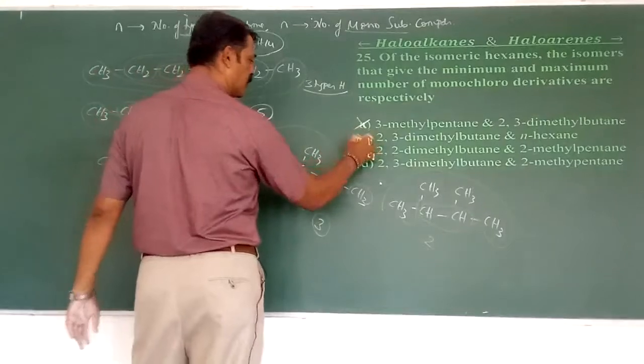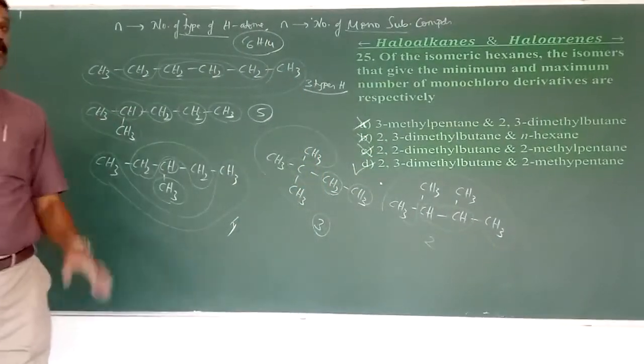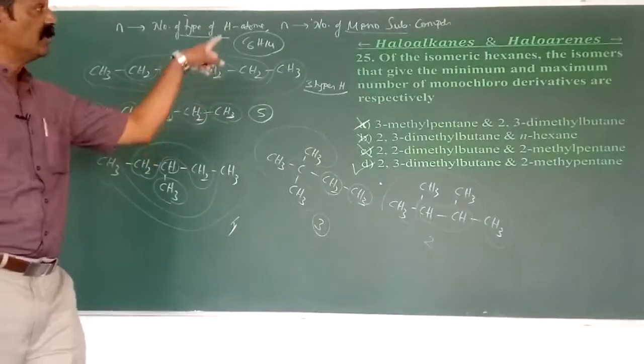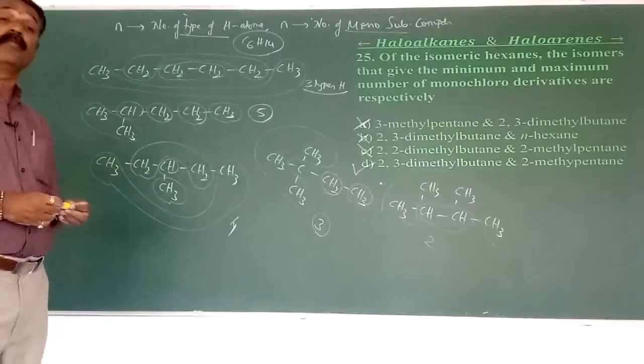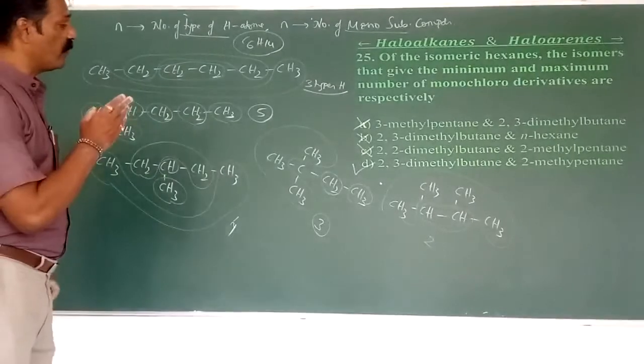Therefore it is not this, hence it is D. In any substance, for isomers having n different types of hydrogen atoms attached to carbon, we get n number of mono-substituted compounds. So that is 25D.